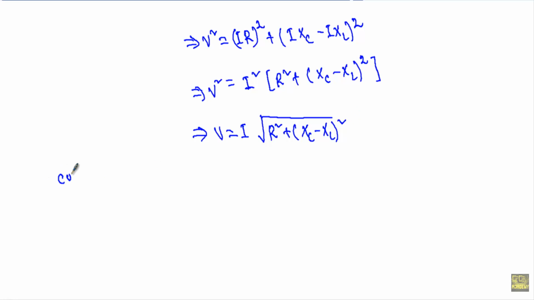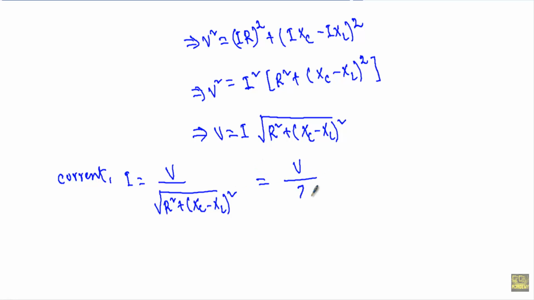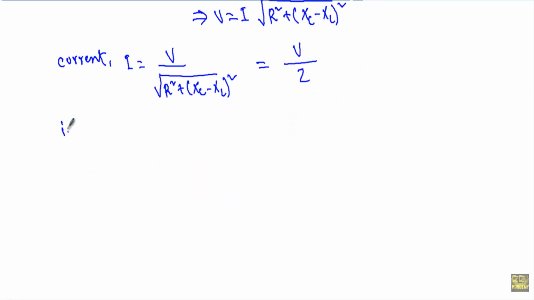So the current equation will be I equal to V divided by root over R square plus XC minus XL whole square. See here, V divided by Z will be our current, where this Z equal to our impedance. Z equal to root over R square plus XC minus XL whole square.